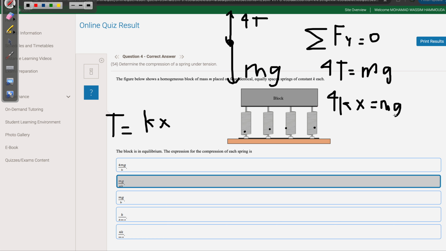Now let's look at what they're looking for. They want the expression for the compression. So they want x only. So we're gonna take 4k to the other side by dividing. So x is equal to mg over 4k, which is what we have here.